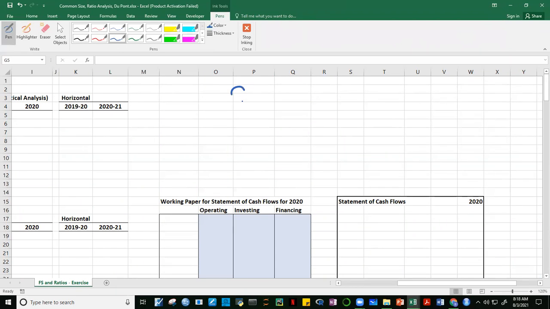So sa common size statement or vertical analysis, sa income statement, ang common natin, ang gagawin natin benchmark, ang gagawin natin reference will always be sales. Okay?